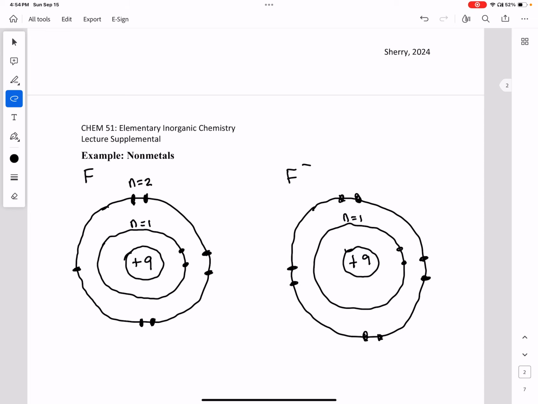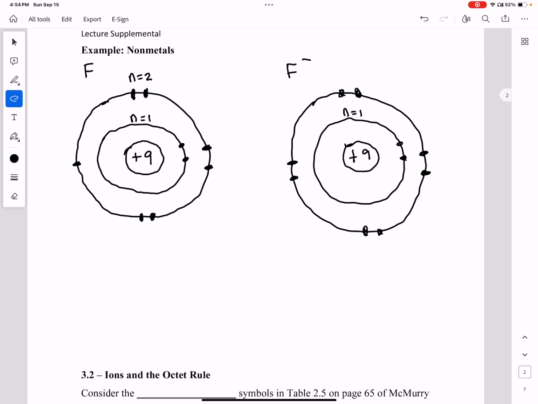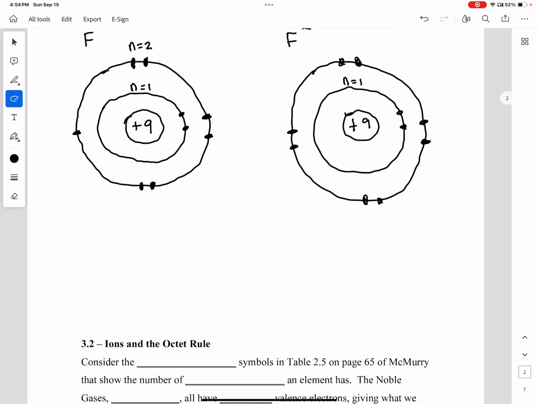And it's negatively charged because it has 10 total electrons. So here we've got 1s, 2s, and a 2p. Okay, remembering not to pair them off until we have to.